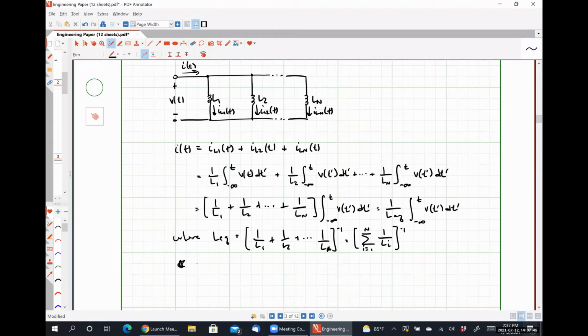Or an easier way, inductors in parallel add like resistors in parallel. All right, so that's what I have prepared specifically regarding inductors.